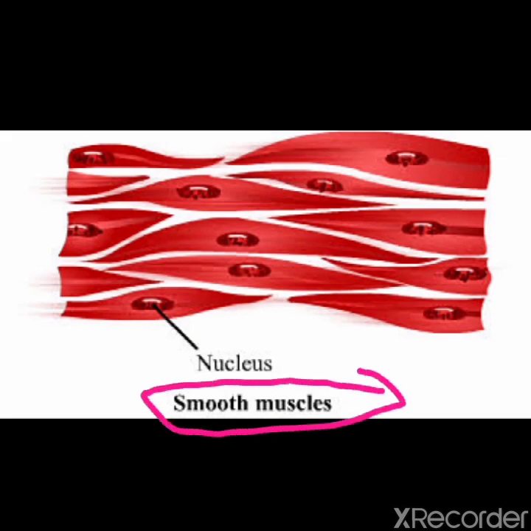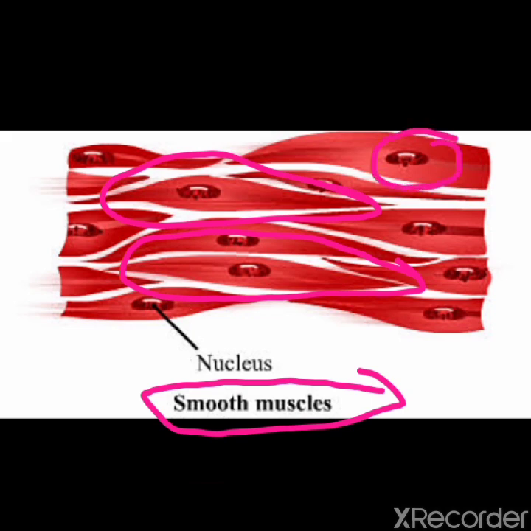The cells of these muscles are spindle shaped. You can see the structure of a single cell; they are spindle shaped and have only one nucleus. In the figure, only one nucleus is present in one cell.